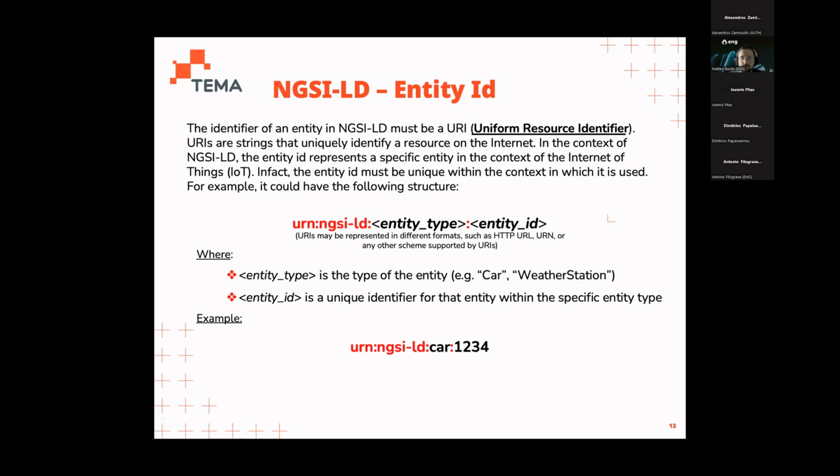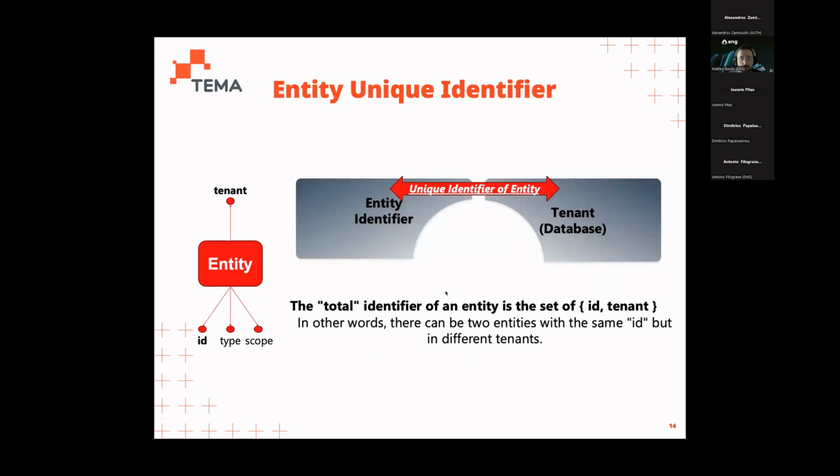If we try to create an entity in an NGSI-LD context broker with an ID that is not a URI, we will have an error from the NGSI-LD context broker, and we will see that. But pay attention that the entity ID is not the unique identifier of an entity, because we need to consider the tenant. As I said before, NGSI-LD context broker is a multi-tenant context broker.